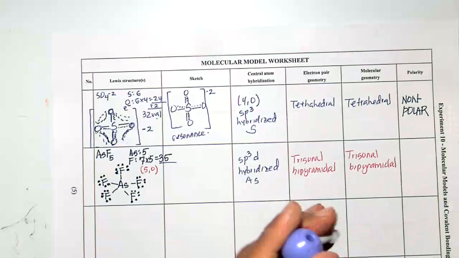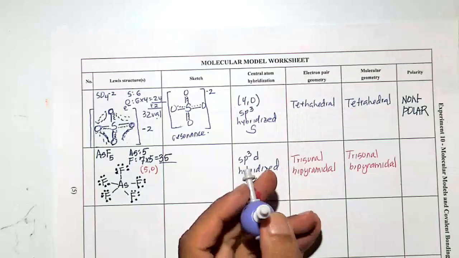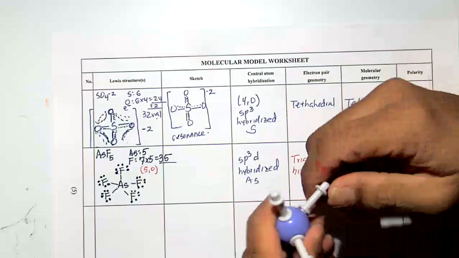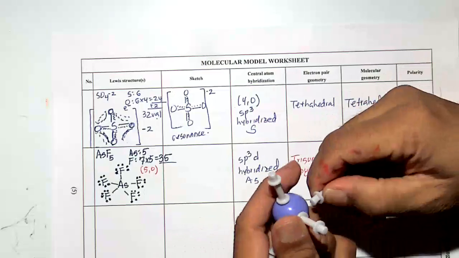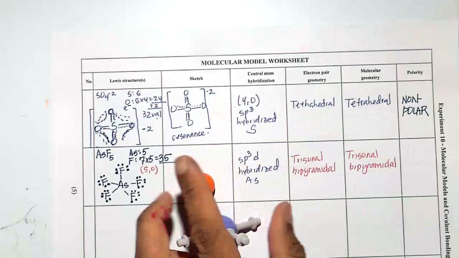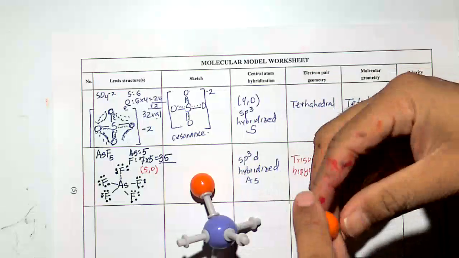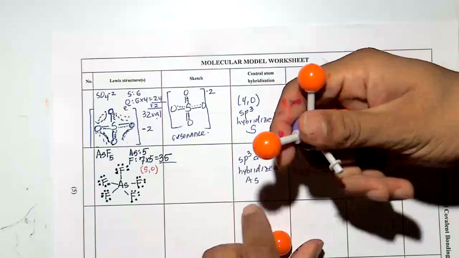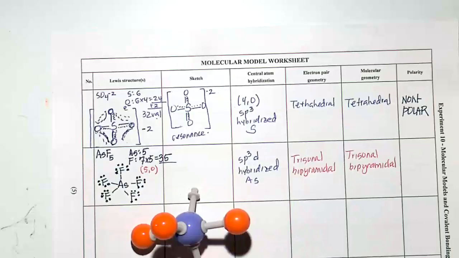Okay, here I go. 2, 3, 4, 5. Okay, so we're going to put a fluorine in here. 1, 2, 3, 4. Got one more. 5. Okay.